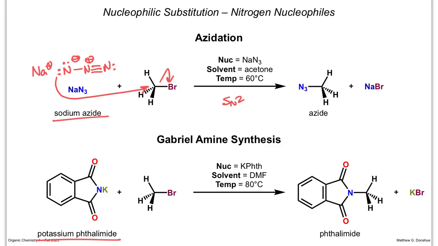The other reagent, potassium phthalimide. You have K plus. The nitrogen's minus because now it has those 2 lone pairs, its original one plus the extra one to give it the negative charge. It will do the SN2.